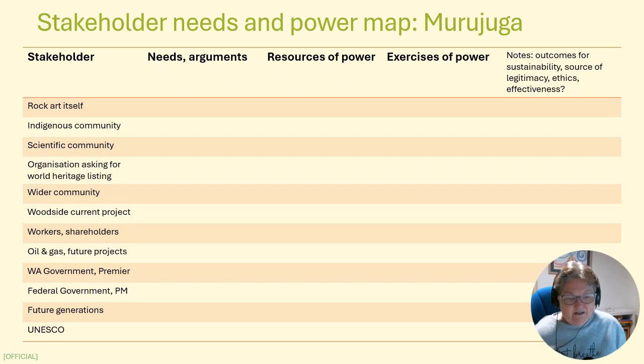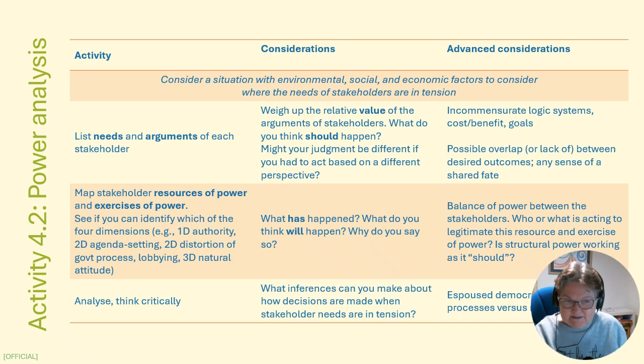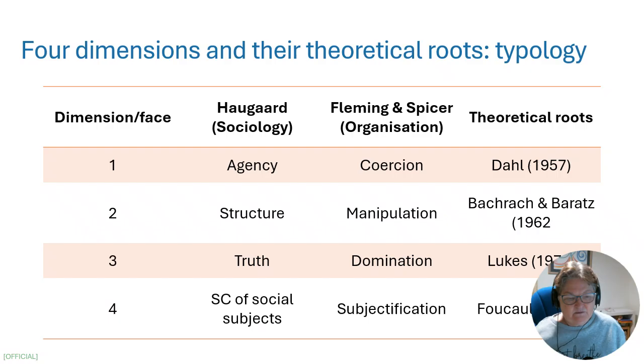Another way that you can do it, which is a bit advanced, and a bit more information on how to use the table before, and this is just to remind us what the 4 dimensions are. So you could do an analysis thinking, here's all the dimension 1 and here's all the dimension 2 power that I saw in the thing.